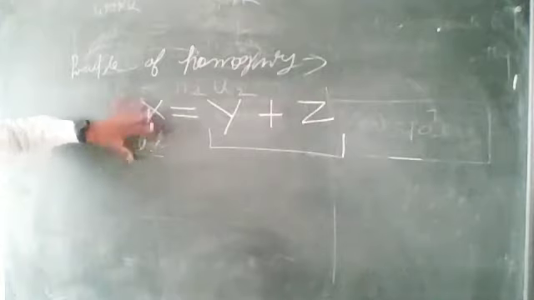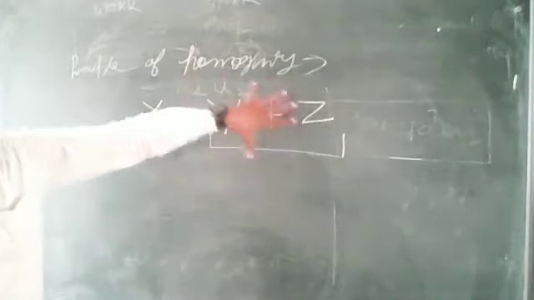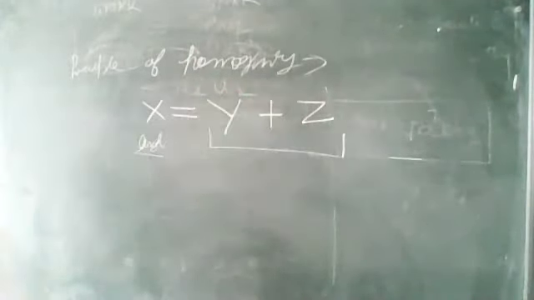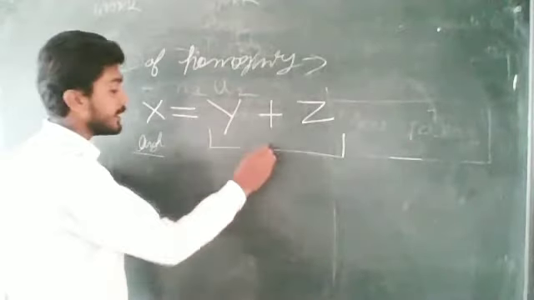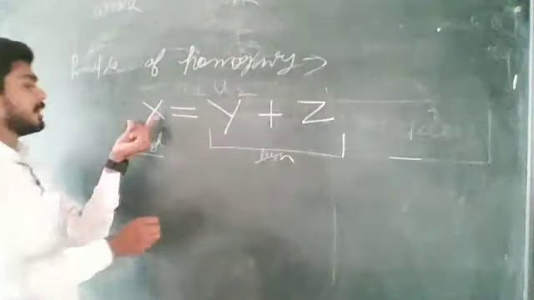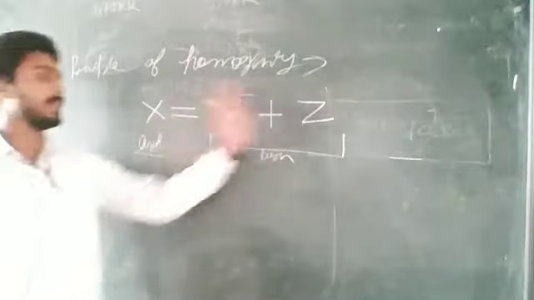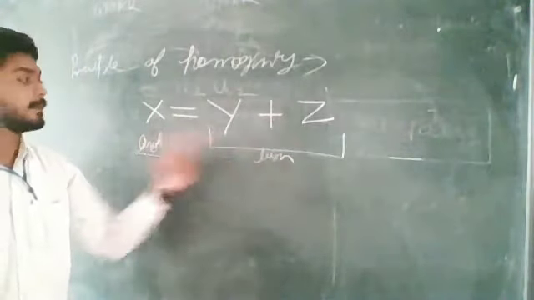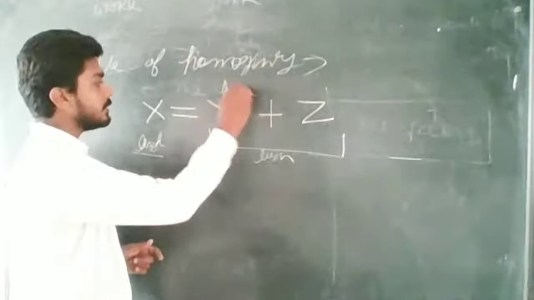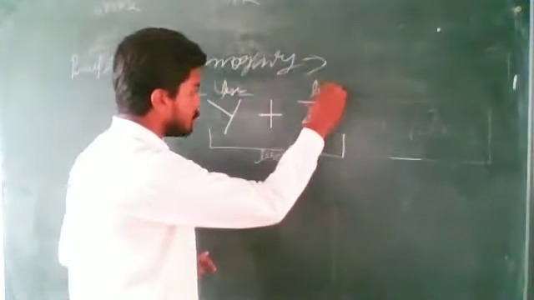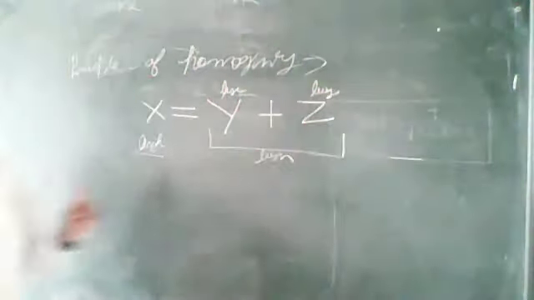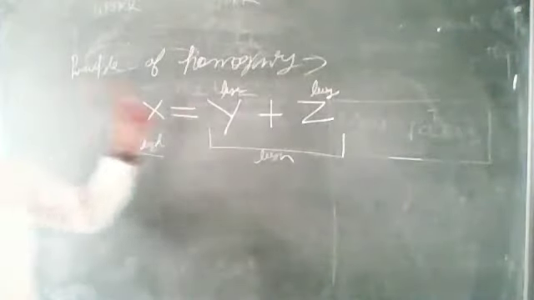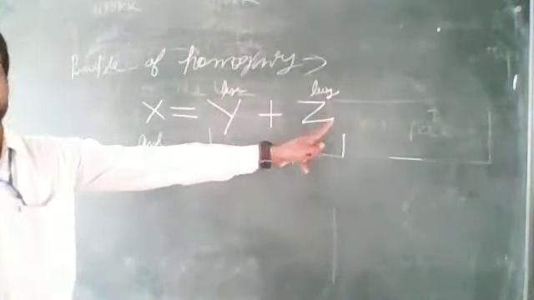If left hand side is the mass, then right hand side should also be the mass. And if right hand side is the length, then y will be length and z will also be a length, because we can add same quantities.